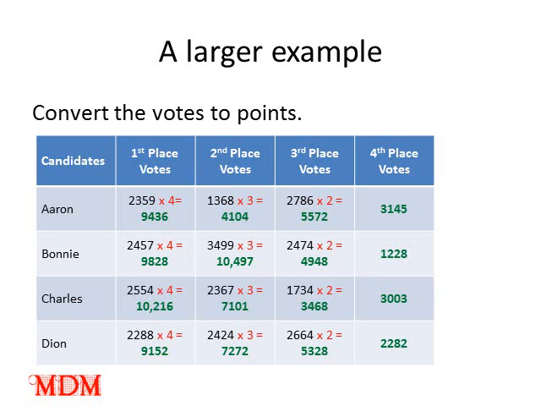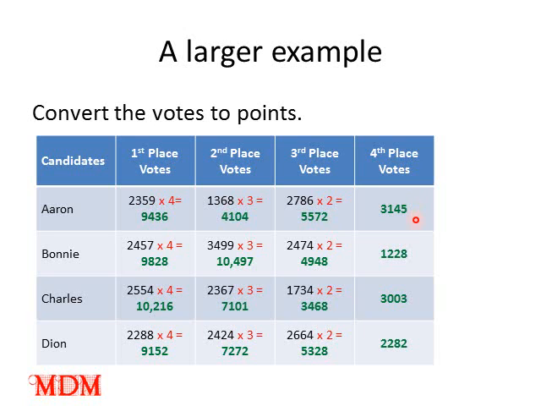We need to convert the votes to points using the Borda count method. In this example, because there are 4 places for votes, I have multiplied first place votes by 4 each time, second place votes by 3, third place votes by 2, and then fourth place votes are multiplied by 1.